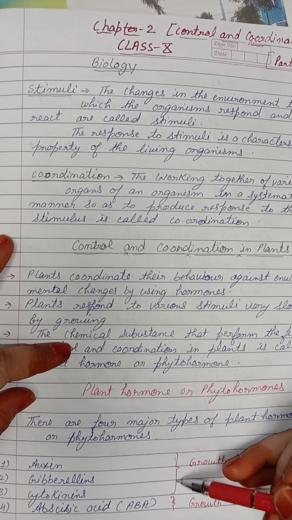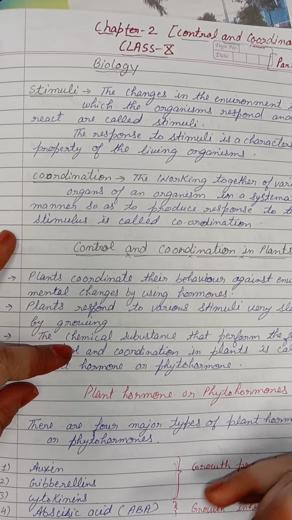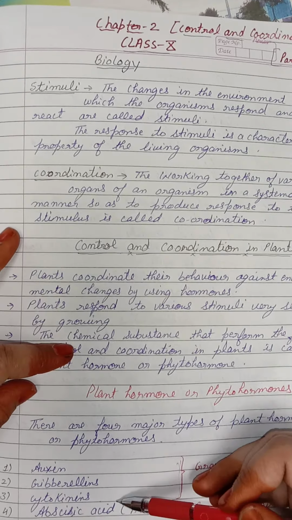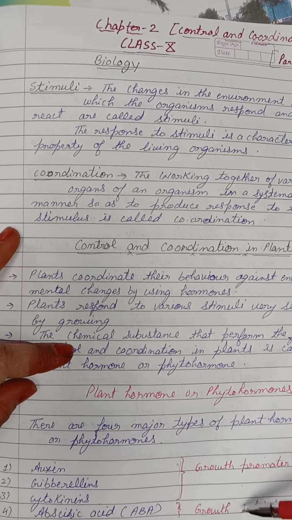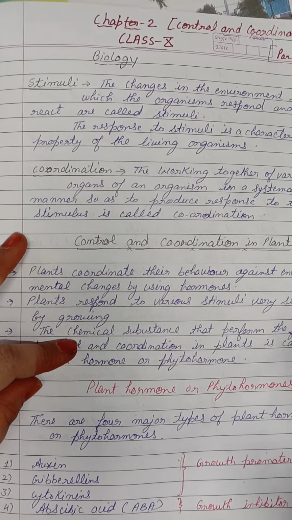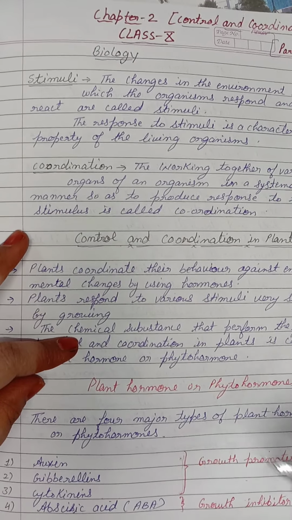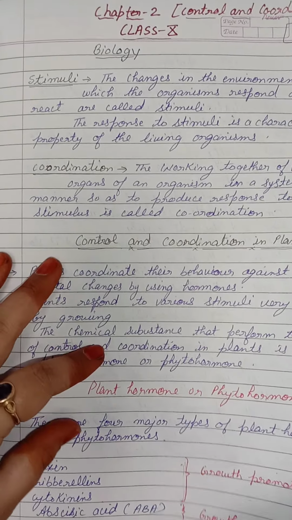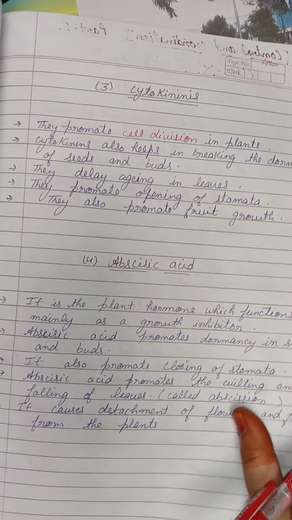That's why they are called growth promoter hormones. And the last one, abscisic acid, is the hormone that inhibits growth. It stops the growth of a particular plant part, and that's why we call it the growth inhibitor hormone.